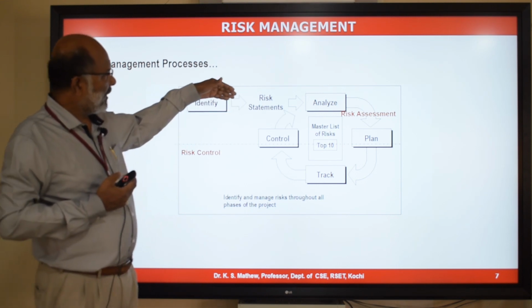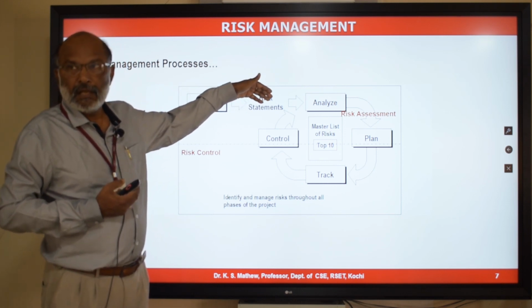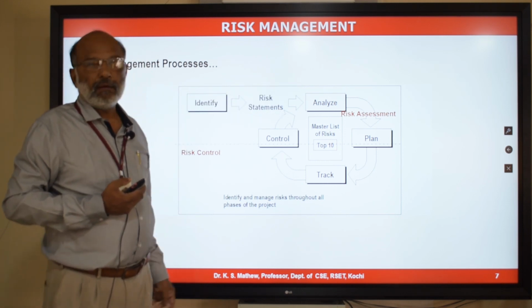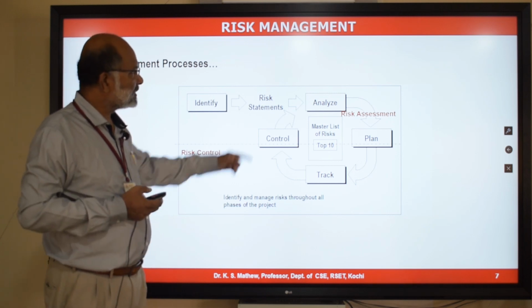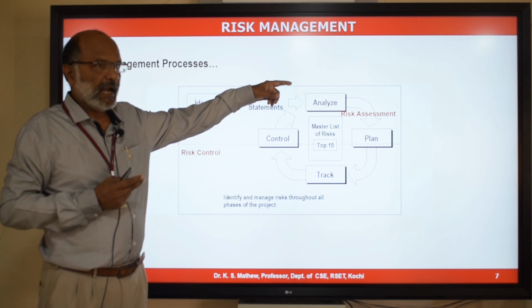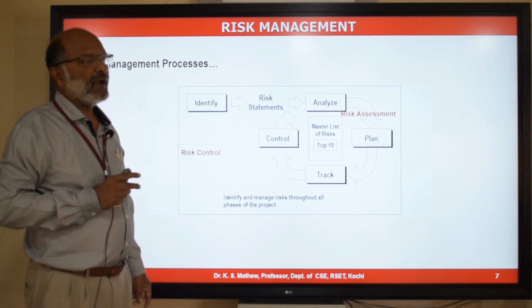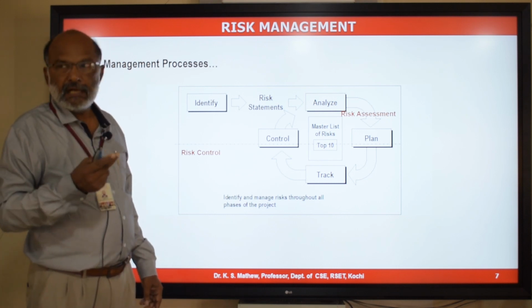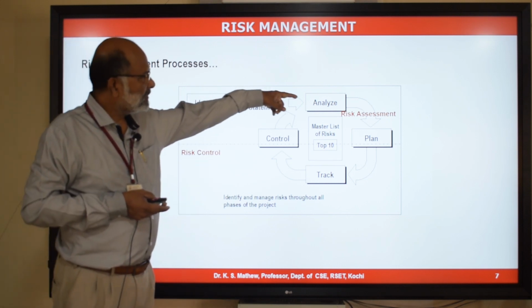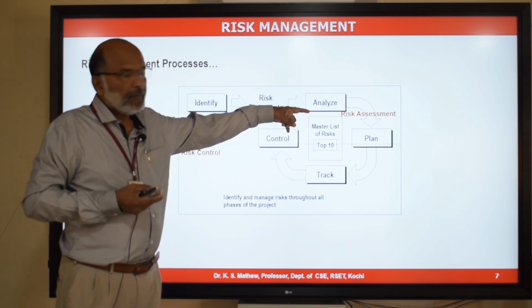And once you have the risk register as output of risk identification, you will analyze each and every identified risk based mainly on two factors. There are different factors, but primarily people consider two main factors: probability of the risk as well as the impact of the risk. Based on that, the risk will be analyzed and a risk score will be calculated.